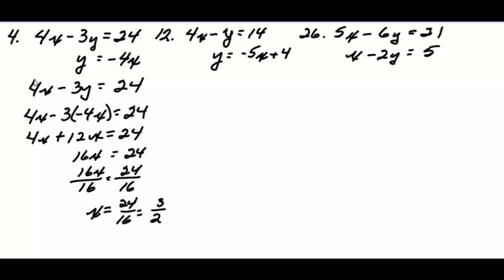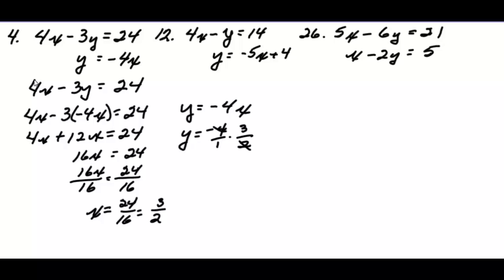Now, the final part of that solution is, now that we know what x is equal to, we can go back to either equation. I like to go to the simpler one, which is y equals negative 4x. And I get y equals negative 4 over 1 times x, which is 3 over 2.